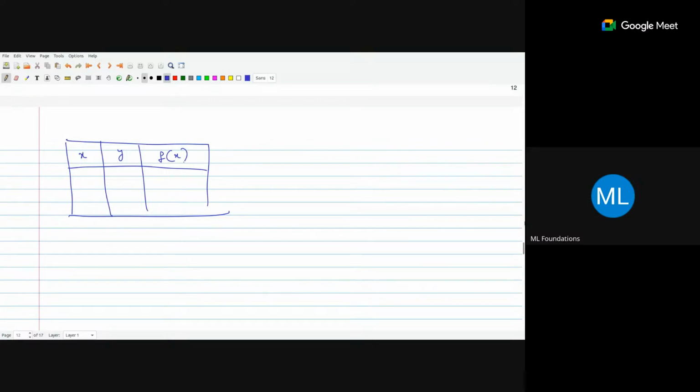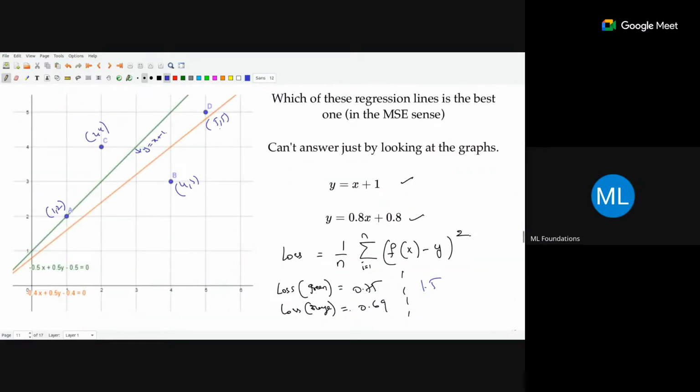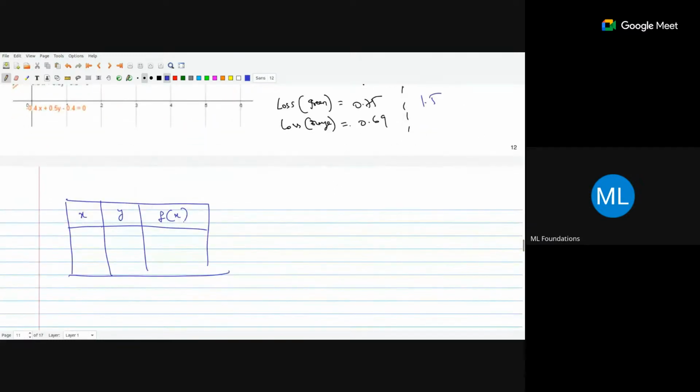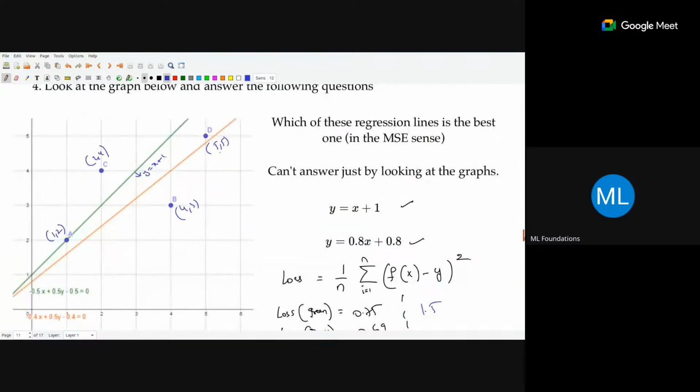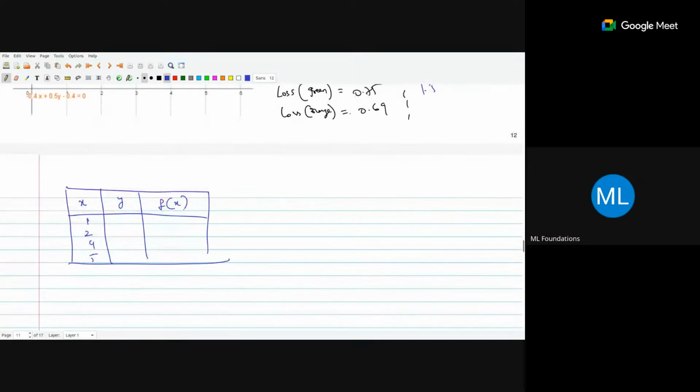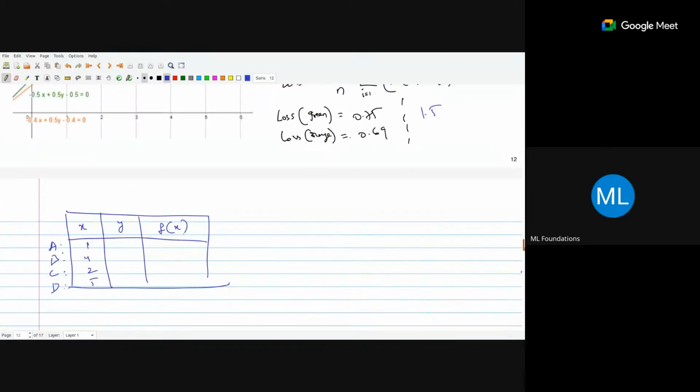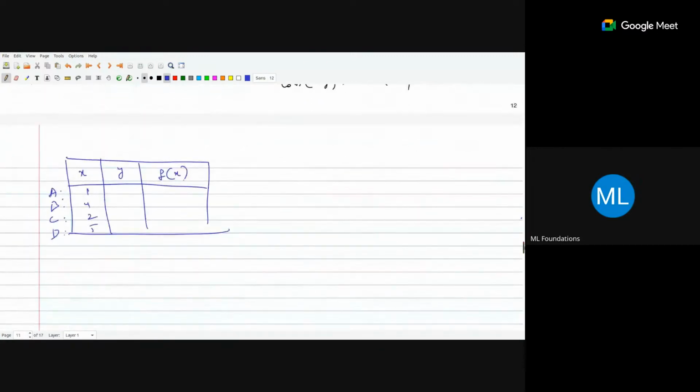So x values are 1, 2, 4, 5, and y values are 2, 3, 4, 5, like this, for the points A, B, C, D. And my model is f of x equals x plus 1. So in this particular line, I am trying to fit the data.